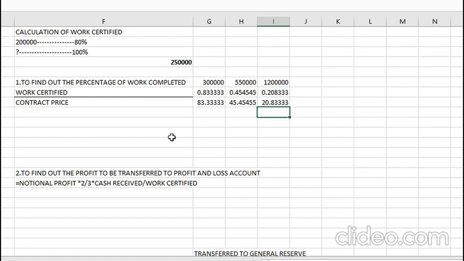So according to these three alternatives, this is the percentage of work completed.